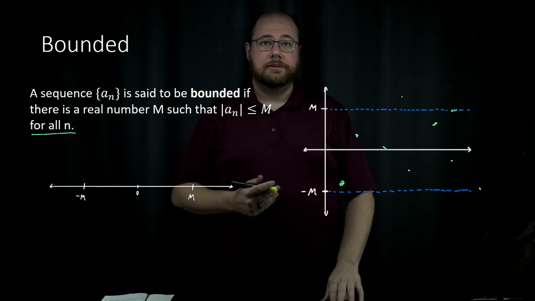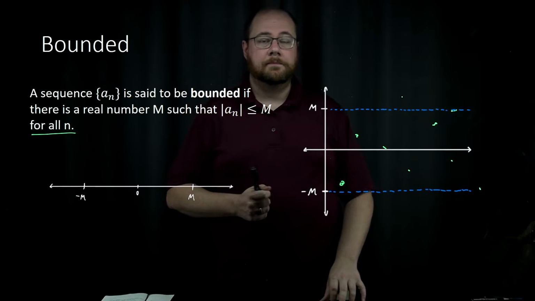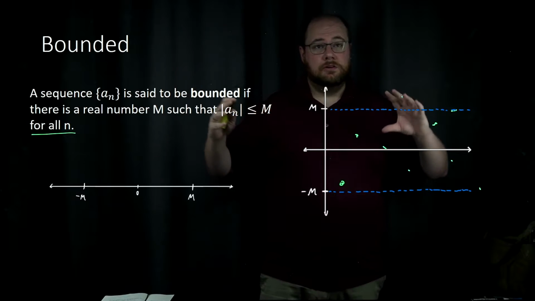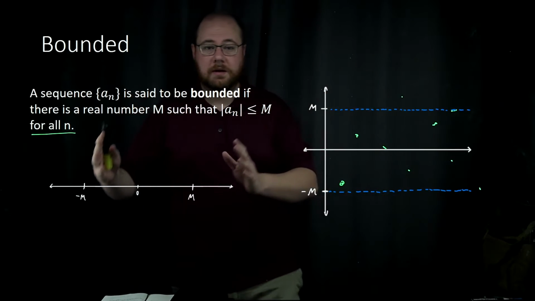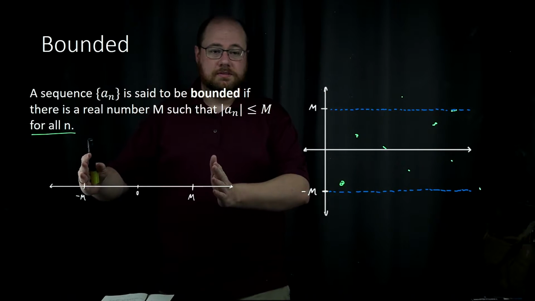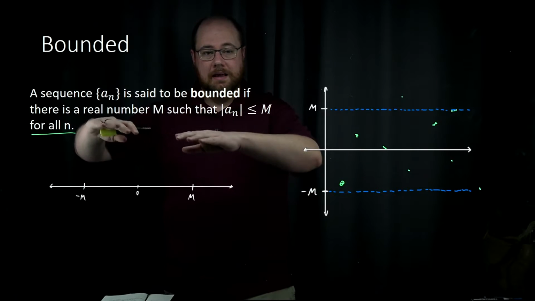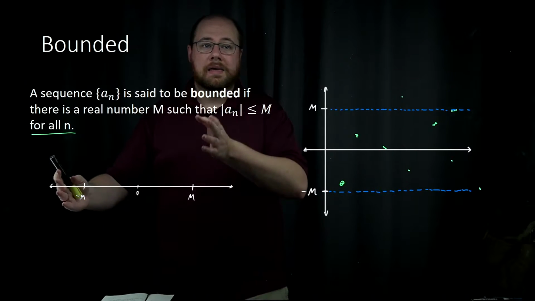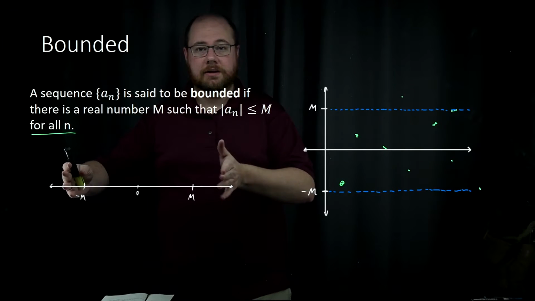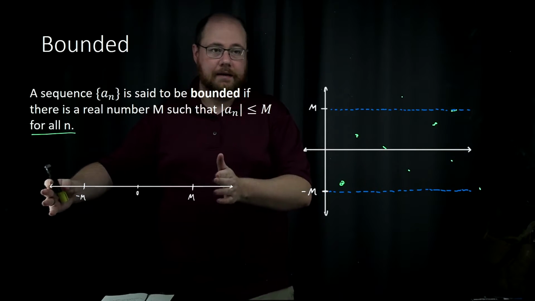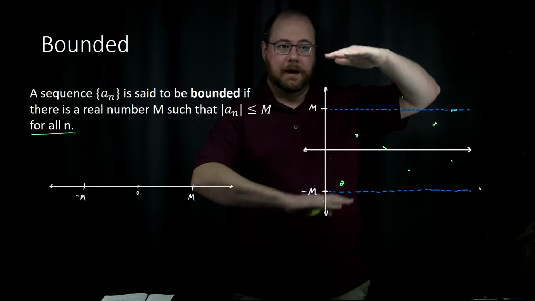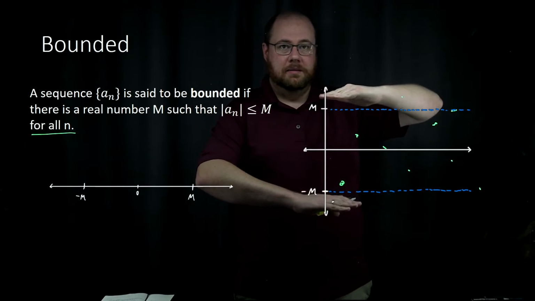And we have a couple of different examples of those that we can take a look at. But the notion of bounded, like we said, in terms of the set of real numbers, tells me that this is sitting inside of negative M to M, kind of capping it from both directions. So both from the right and from the left, or if you're more vertically oriented, from the top and from the bottom. So from both sides, I'm limited here.